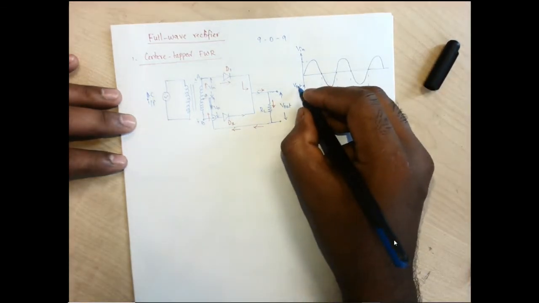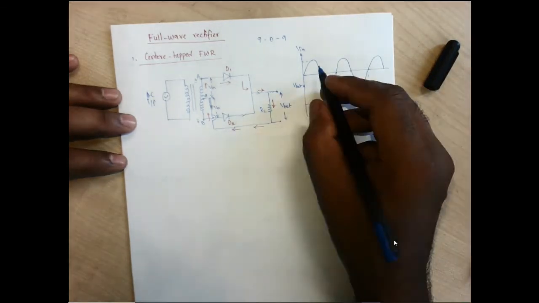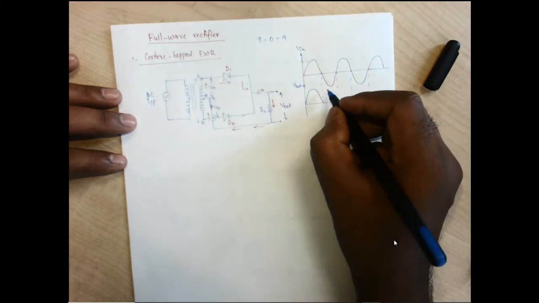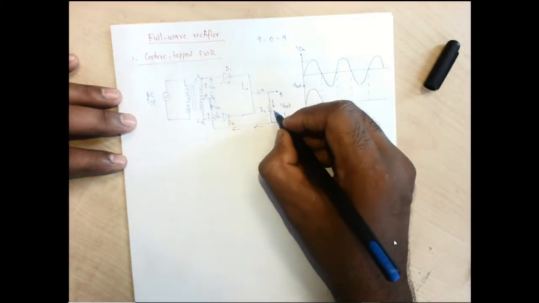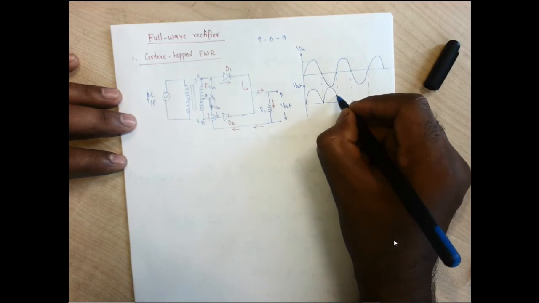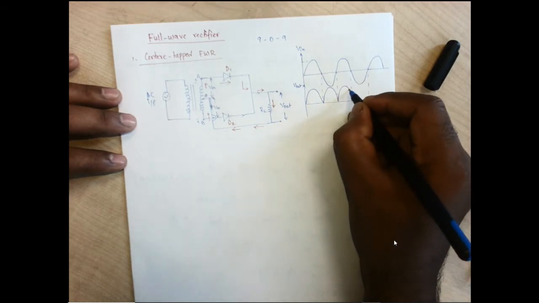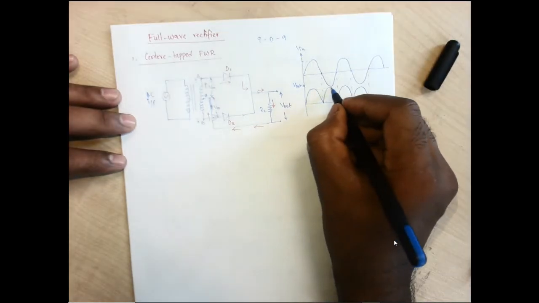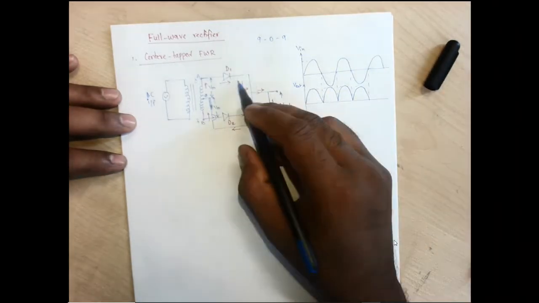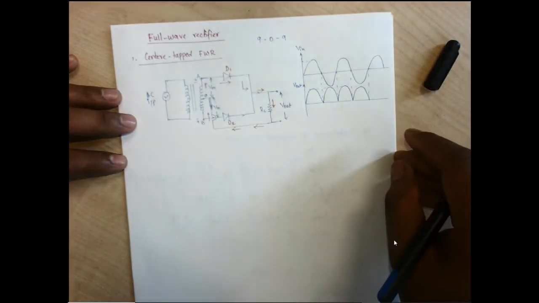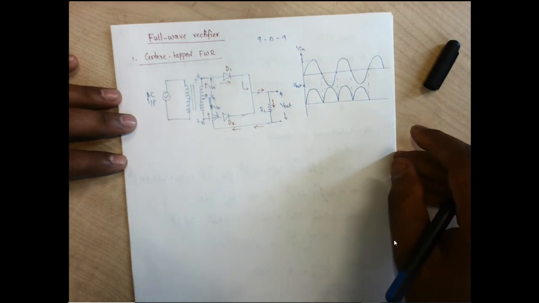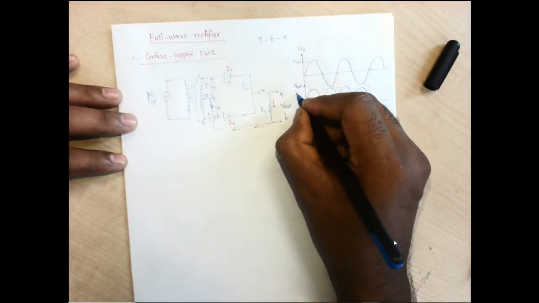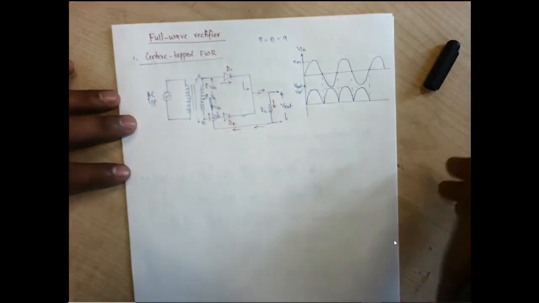Considering Vout means the load voltage, this one is somewhat less than the input peak, considering some drop across the diodes and the internal resistance of the diode. So if the peak is Vm, the output is Vm prime, as some value gets deducted.